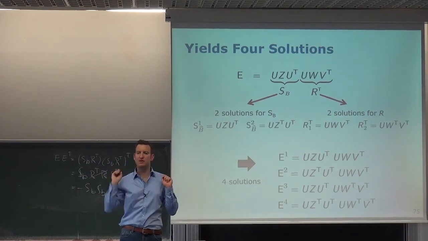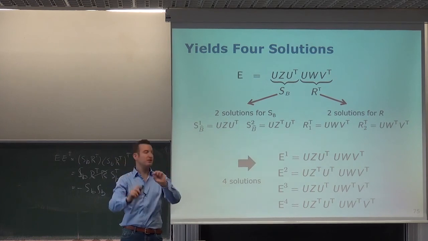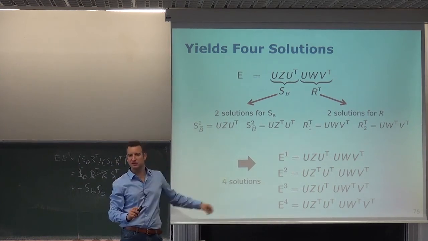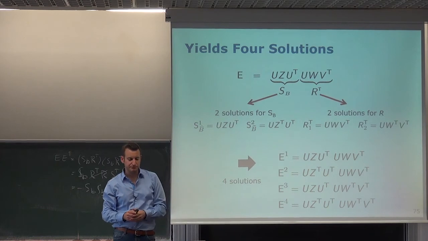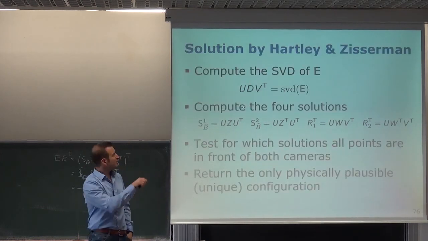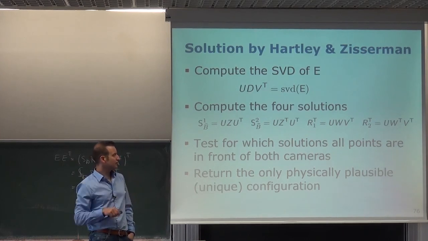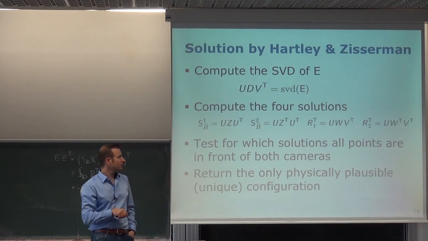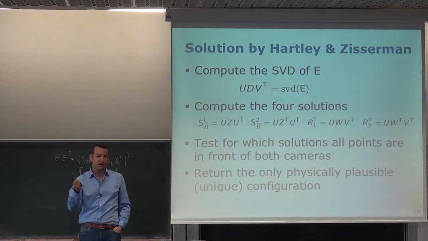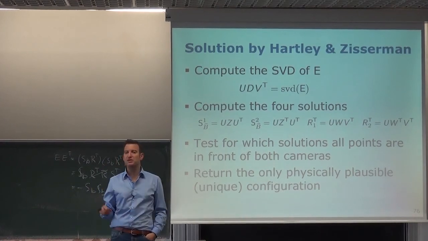Is it in front of the camera or behind the camera? If the corresponding point is in front of both cameras, that's the solution that I want, and I can discard the other 3. So as a summary again, the recipe is: compute the SVD, compute the 4 solutions, test in which solution all corresponding points lie in front of my camera, and then return the only plausible and unique configuration.